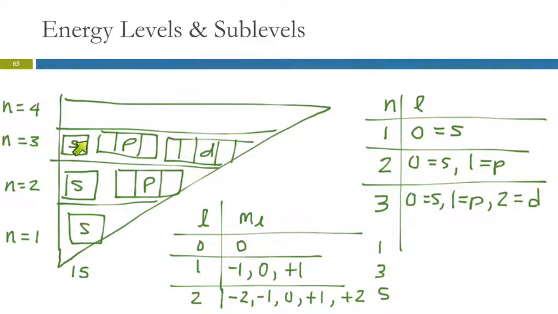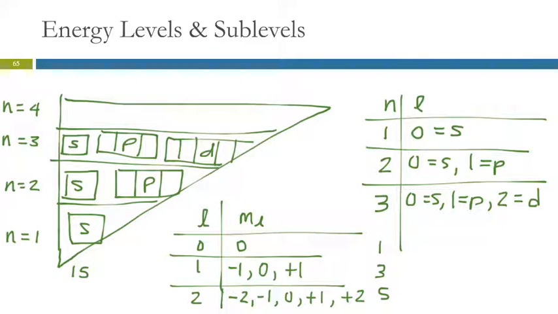And for n equals 3, there's 3 different sublevels within that one level. And then m sub L is the orbital orientation. So L describes the shape of the orbital, and m sub L describes the orientation.